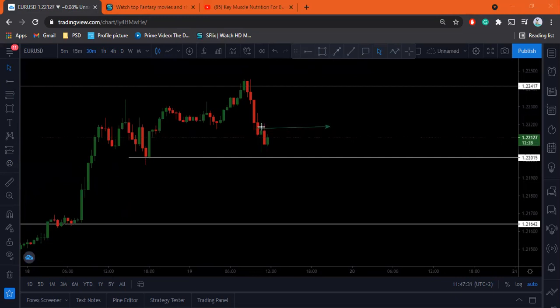So price can drop, close below, come back up, retest this high that it has made, and then drop to where we want it to go.